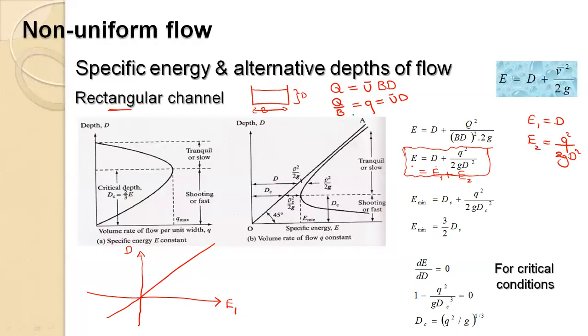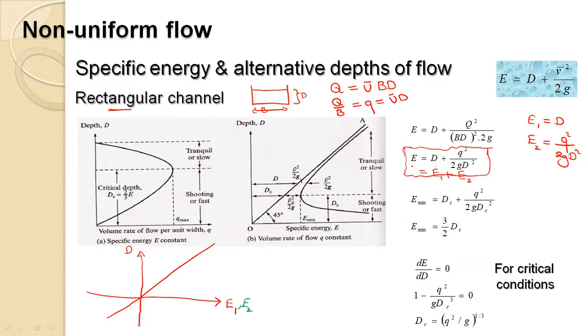Right. And then when D equals minus infinity, E2 equals 0. So let me draw E2.